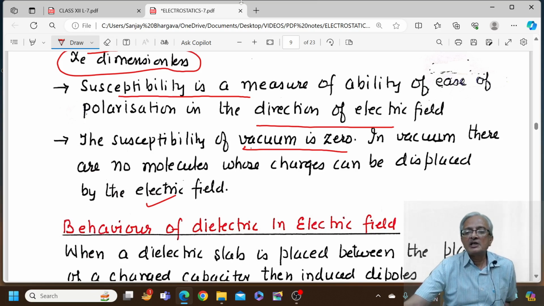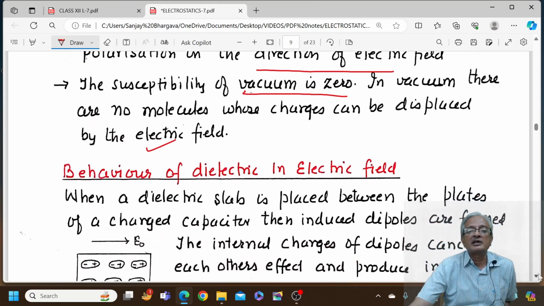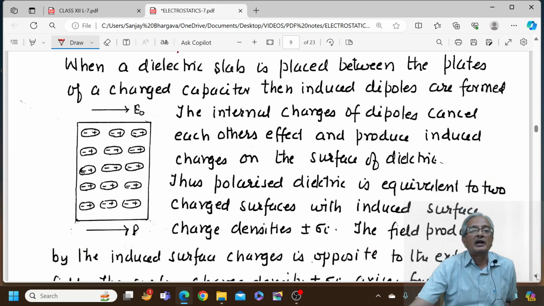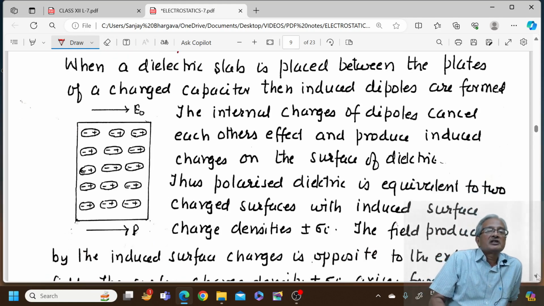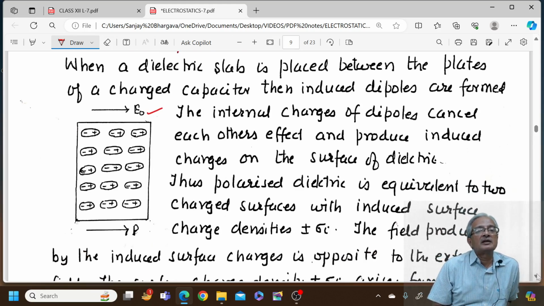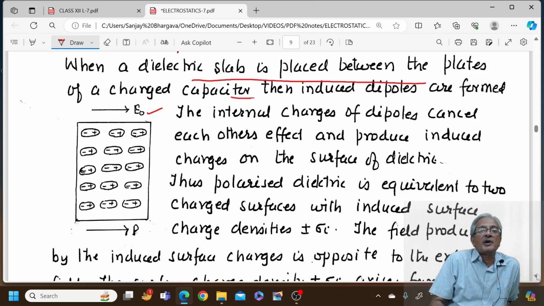Now my question is, how will a dielectric behave when kept in an external electric field? So here we have an external electric field E0 and a dielectric placed in the electric field. When a dielectric slab is placed between the plates of a charged capacitor, induced dipoles are formed.